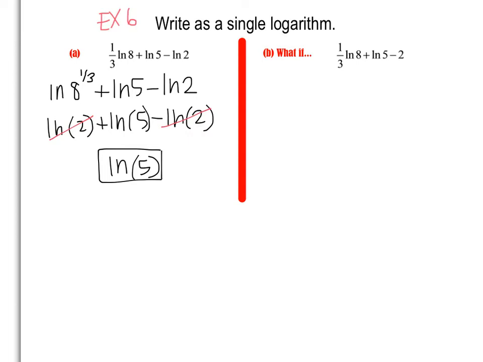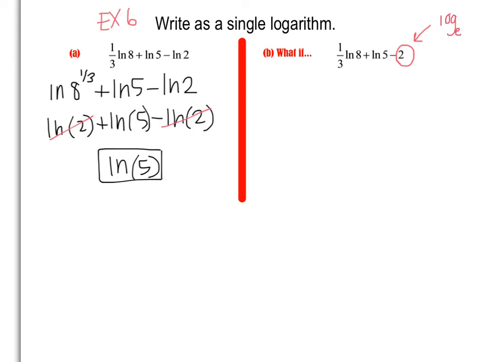Let's look at this one here. It says, what if you have 1/3 ln 8 plus ln 5 minus 2? This is something that we've done before as well. So these aren't all logs, but we can rewrite 2 as a log. So we want it to be a natural log, which remember is log base e, and we want it to be equal to 2.